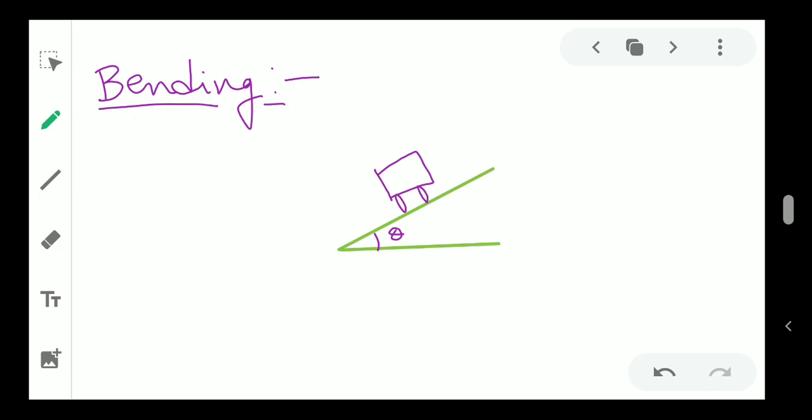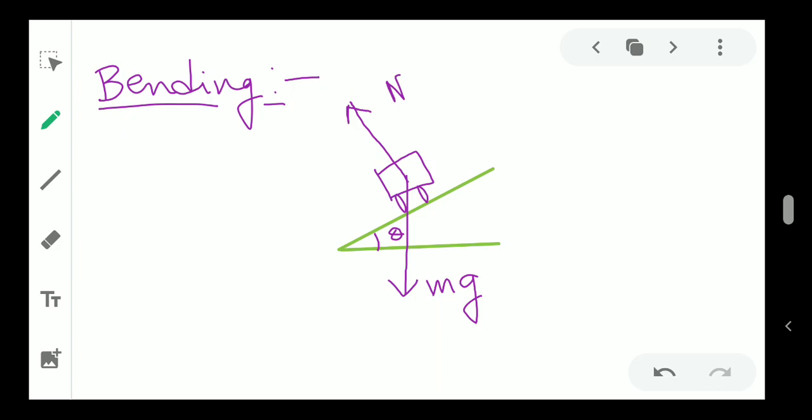Now you can see that my mg is working downward, whereas my normal reaction is given by the floor of this inclination, that means N is normal to the floor, so N will be in this direction.